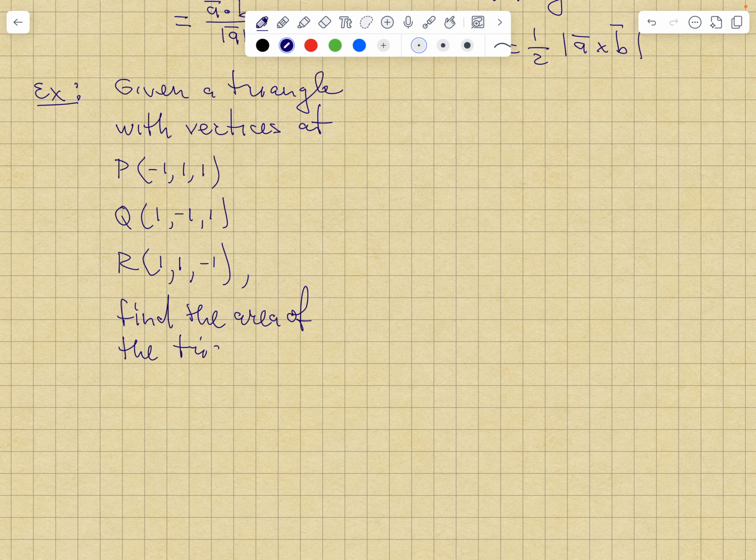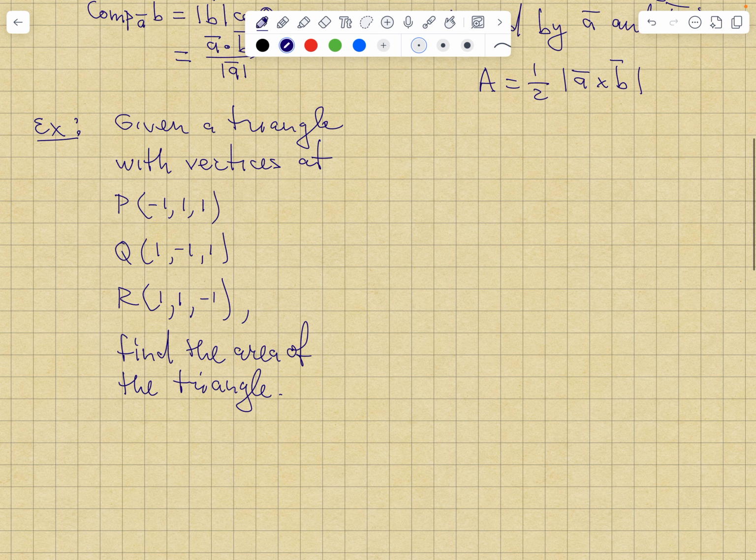And you can begin with a picture. Let's say we have our arbitrary three points. You connect the three points in space, and you end up with a triangle.